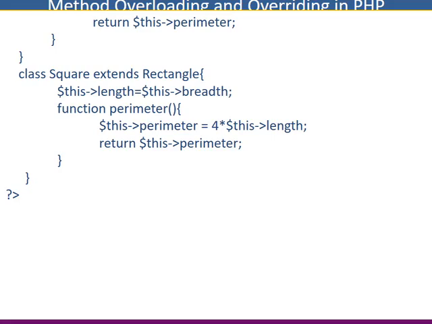And as well, we can see that method overriding allows square to provide its own optimized calculation for perimeter, while still maintaining the is-a relationship with rectangle. So you can take note of that. I'll be ending the class for today.